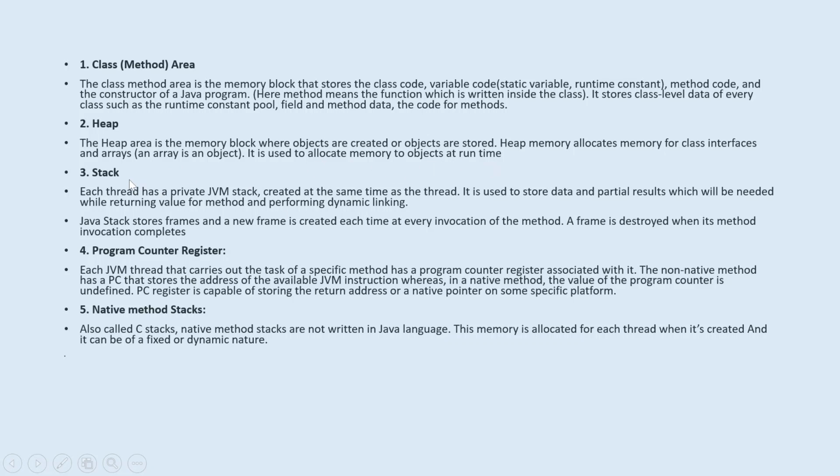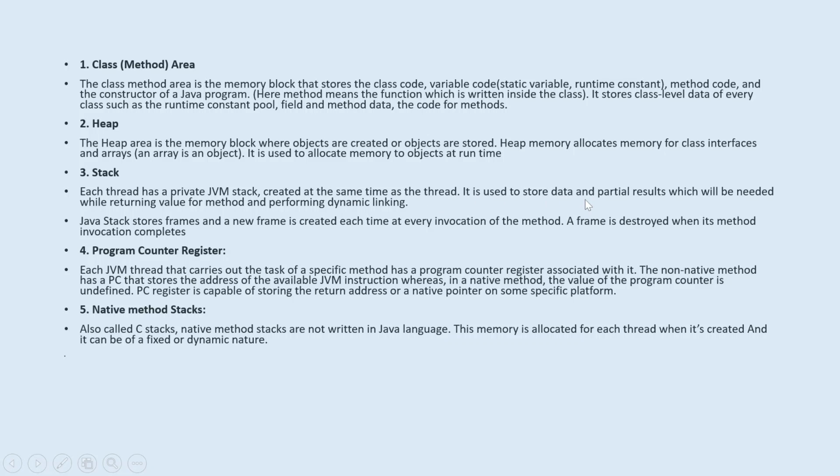Now what is the stack meant for? Third one is stack. In a multi-threading environment we have multiple threads. Whenever a new thread is created in a Java program, it is allocated some stack memory. So each thread has a private JVM stack created at the same time as the thread.